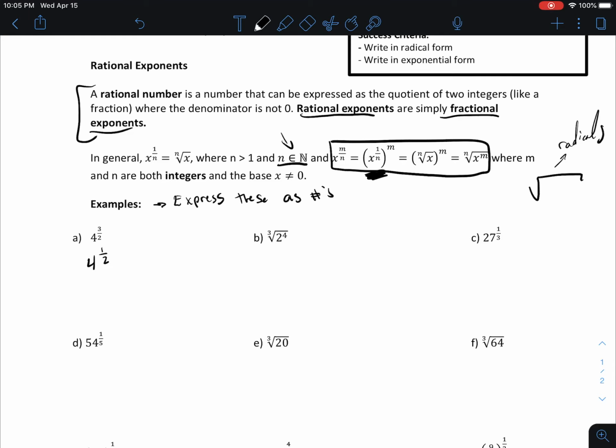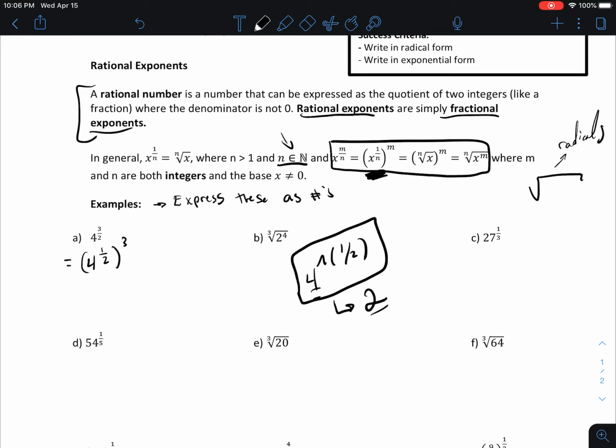If you look at this rule here, I can write this raised to the power of 3. This is another way of equally writing what's above. Now, if you go to your calculator and type in 4 hat 1 divided by 2, exactly what it is, the answer will come out to be 2.